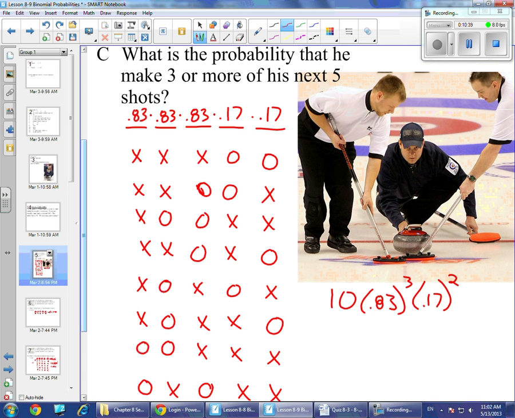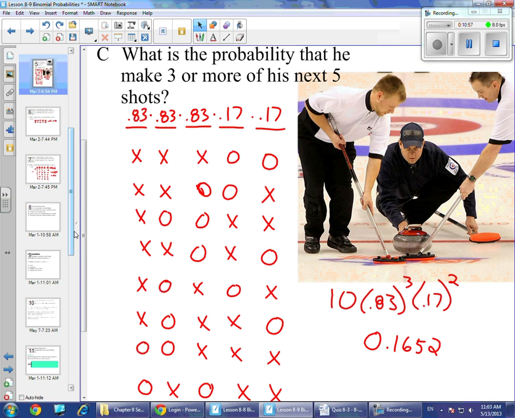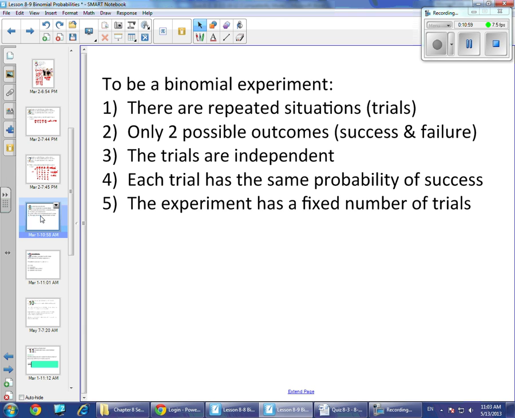Okay, and do this calculation, and it's 0.1652.